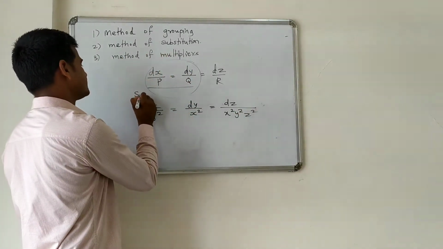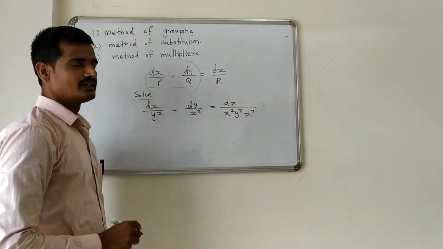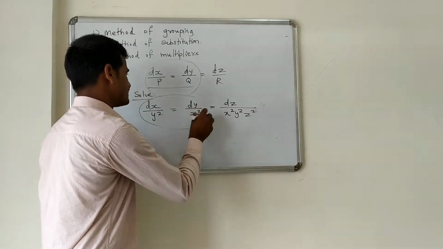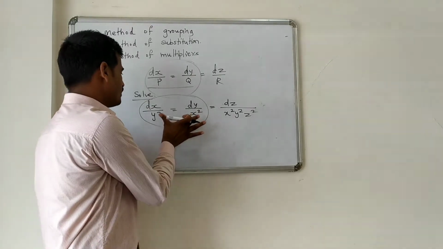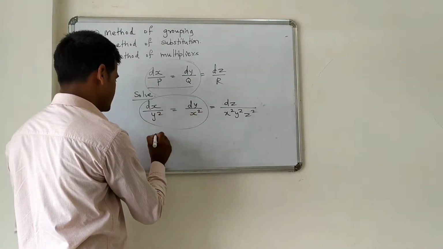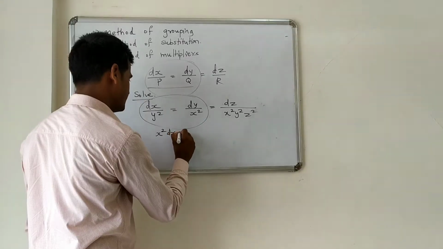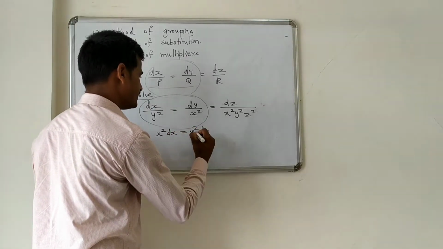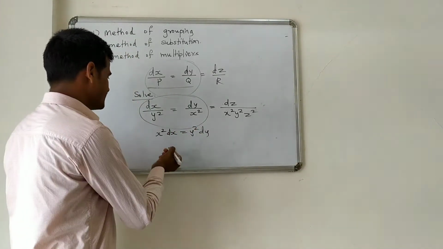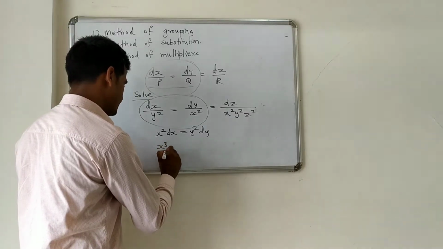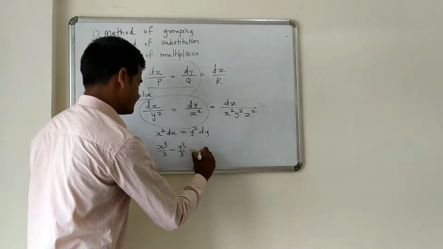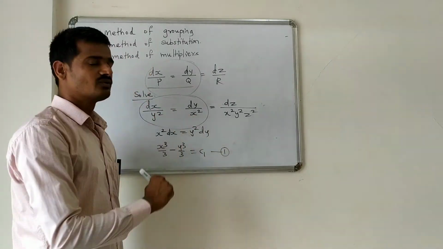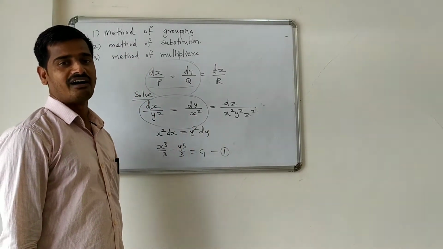Let us solve it. Considering the first and second ratio, you will notice that z is absent, so you get the relation x square dx is equal to y square dy. Integration gives x cube by 3 minus y cube by 3, so bringing it to the left hand side, x cube by 3 minus y cube by 3 is equal to c1. This is one relation between x and y.